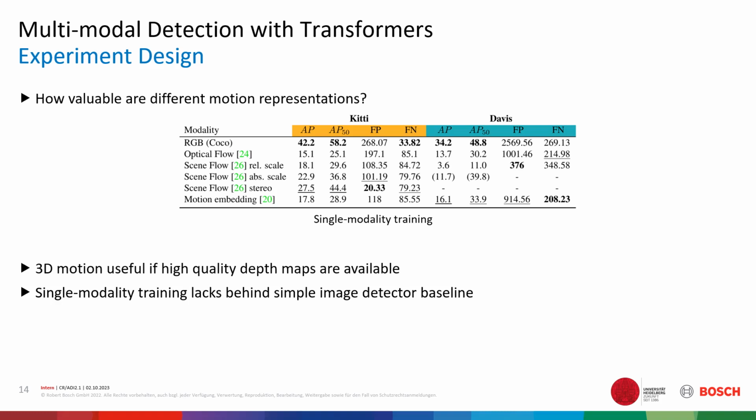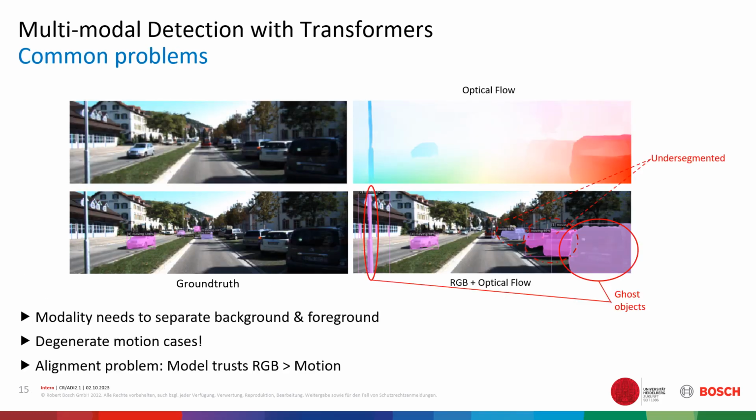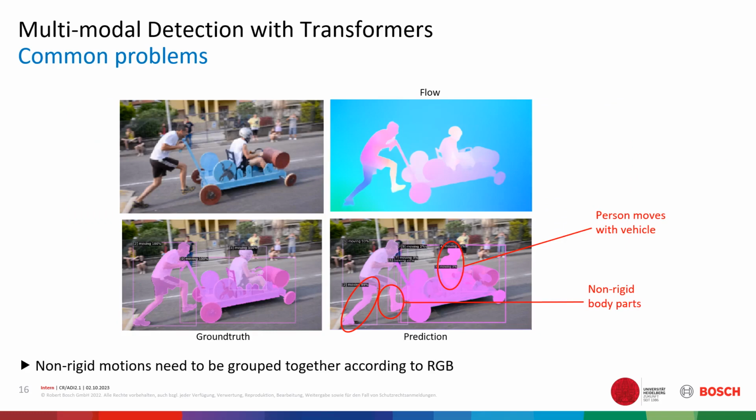However, segmentation performance purely based on motion cannot achieve the same precision as a simple image detector baseline, which was often overlooked in previous work. The reasons for this are multifold. First, degenerate cases and faulty motion maps can lead to many false positives. Second, non-rigid motion patterns need to be grouped together into whole objects in order to achieve good performance.